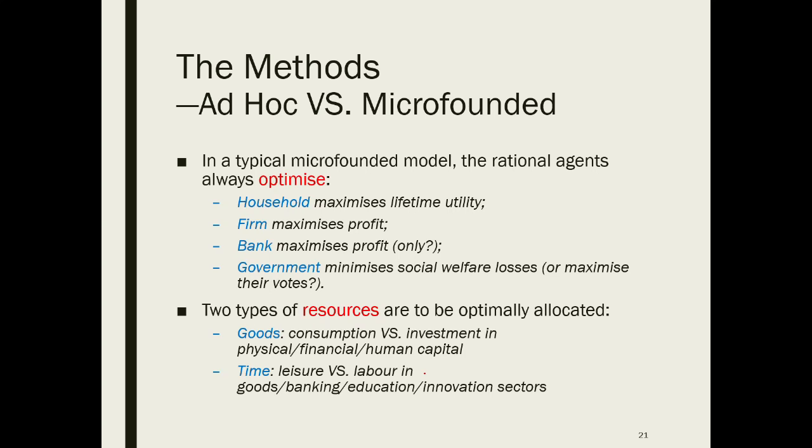In fact, time is a more important resource than goods because if you consume goods, you spend money, and money can be re-earned, right? You can earn your money back. But if you spend time, it will be gone forever. You can never earn time back. It is non-reproducible, so make sure you use your time economically.